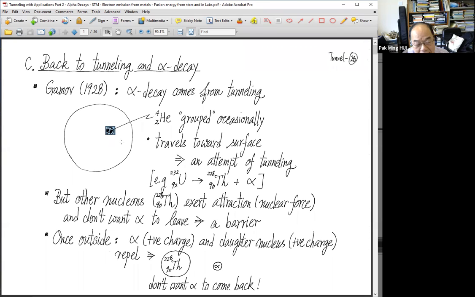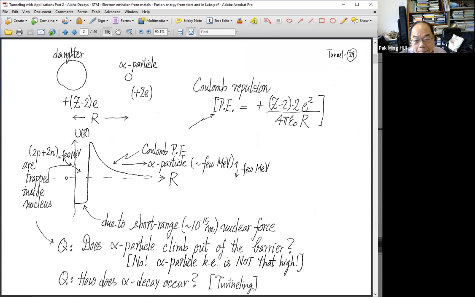Okay. So last time we already discussed that when the alpha particle gets out, then it is positive, they will repel each other. That is a Coulomb repulsion, okay? So as a function of the distance, the Coulomb repulsion will give you a barrier. I used the same page last time. Therefore, the alpha particle, before it comes out, is trapped inside the nucleus.